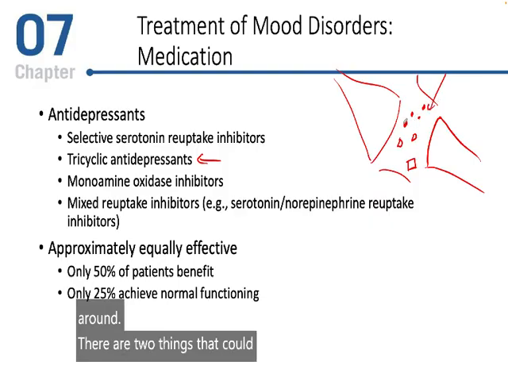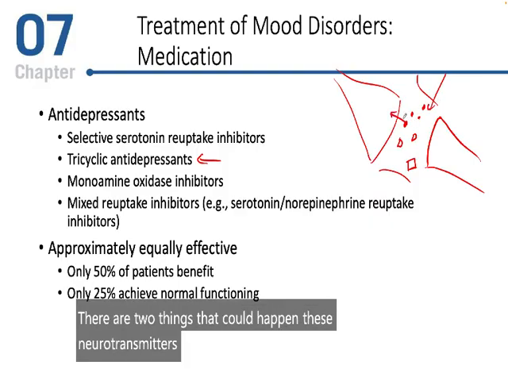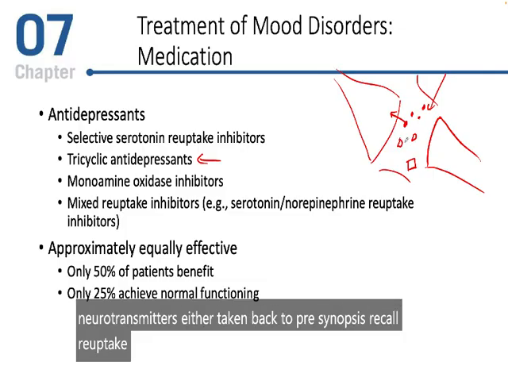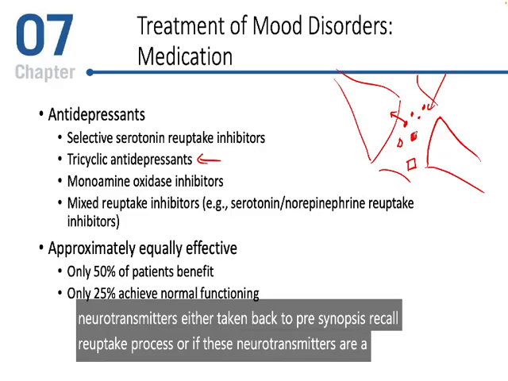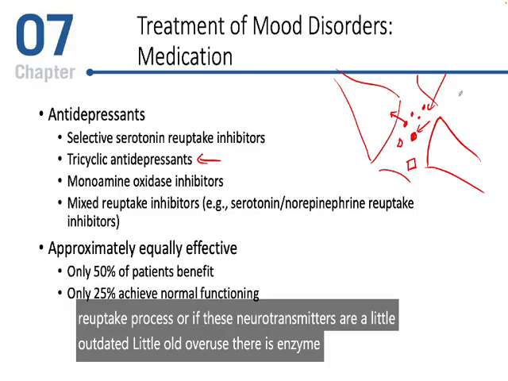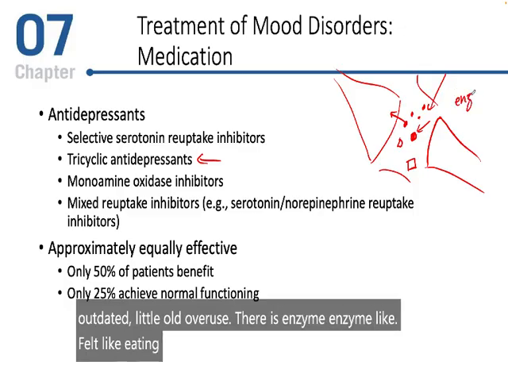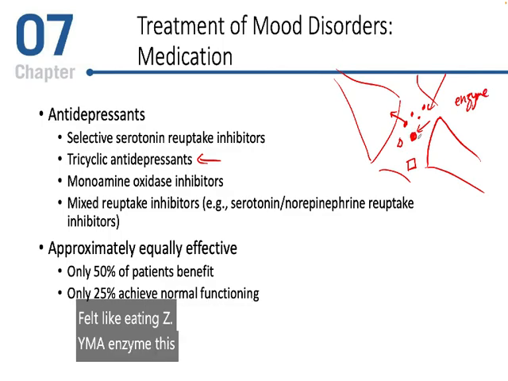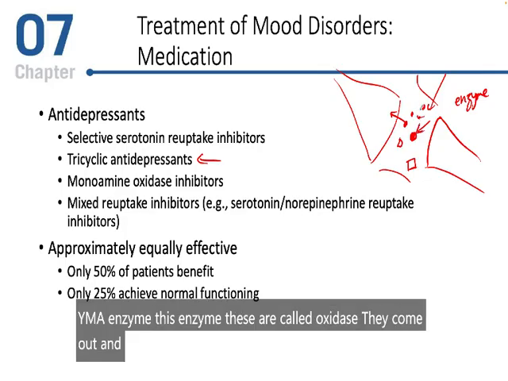These neurotransmitters are either taken back to the presynapse, which we call the reuptake process, or if these neurotransmitters are a little outdated, a little old, overused, there are enzymes, spelled E-N-Z-Y-M-E, enzyme. These are called oxidase. They come out and destroy these neurotransmitters and excrete them from the body.